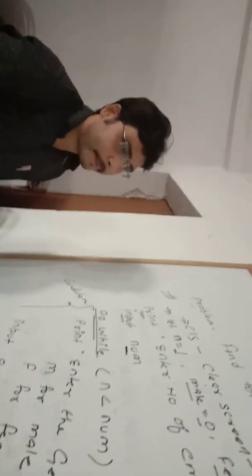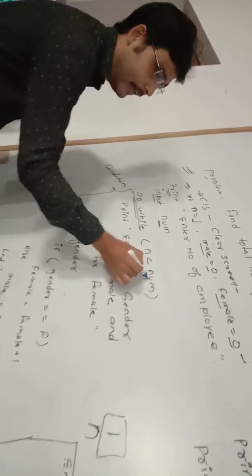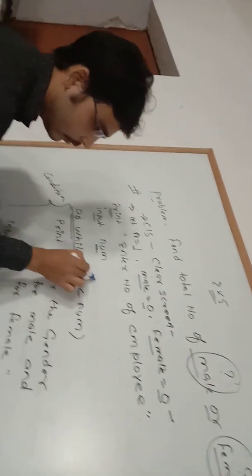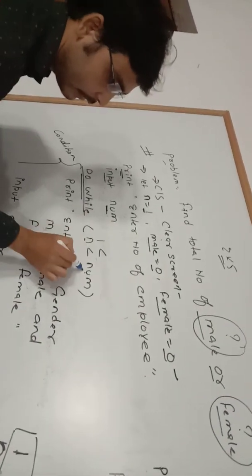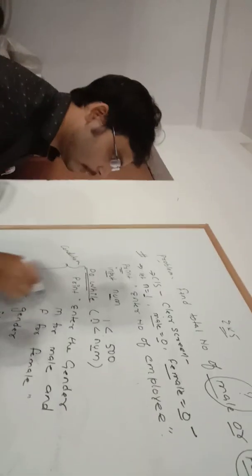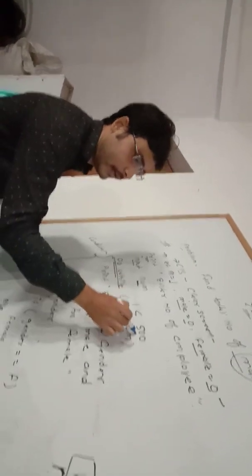This is the do while with the condition: n is less than num. What is n? The value of n is 1. The value of n, 1, is less than num. What is the value in num? 500. So it will be compared here: is 1 less than 500?